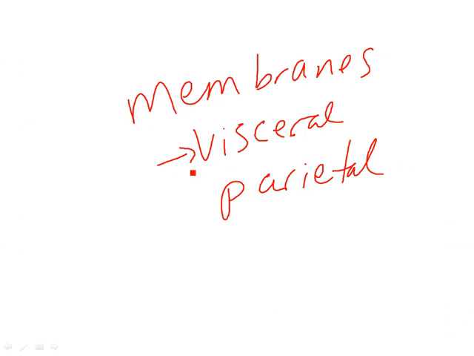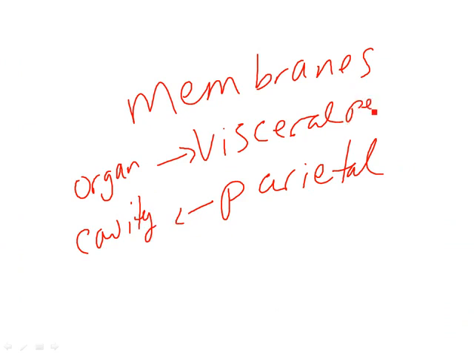So remember, the visceral membranes cover the organ, and the parietal membranes cover the cavity. So if you have a visceral pericardium, that is the membrane that's surrounding the heart, whereas the parietal pericardium is the membrane surrounding the cavity.